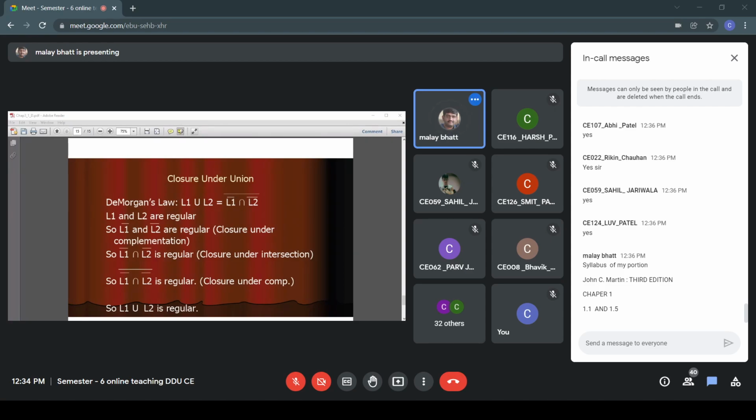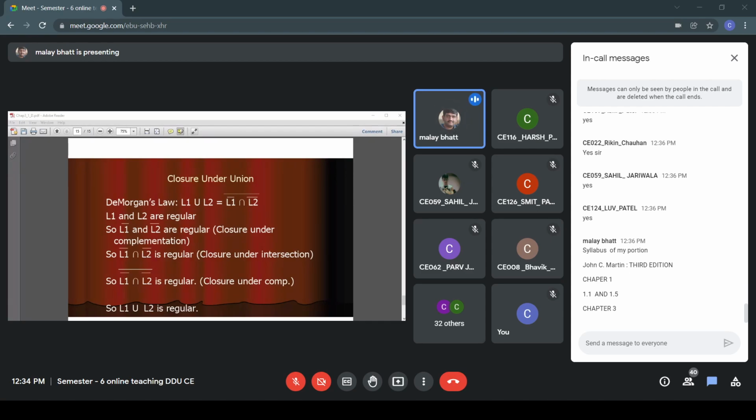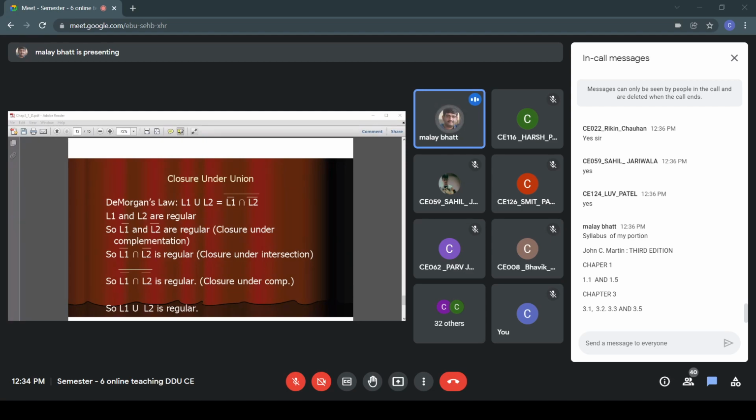From chapter 3, which I have covered, we have 3.1, then we have 3.2, 3.3, and 3.5. So now if you go through this book, you may have a doubt about what you should prepare. Definitely you have to prepare different examples.